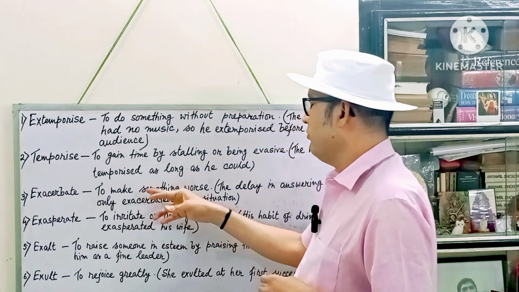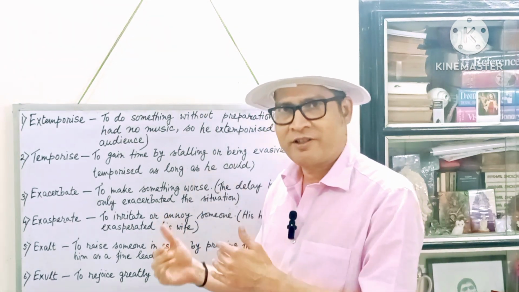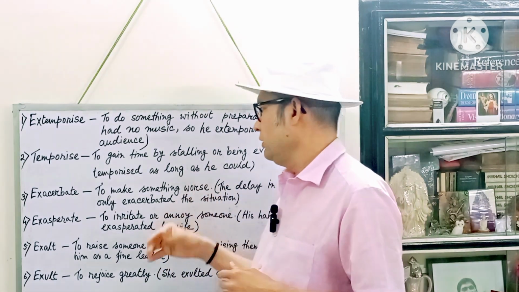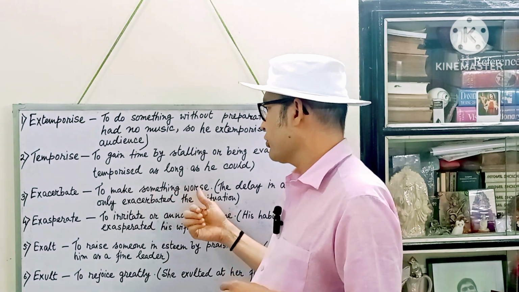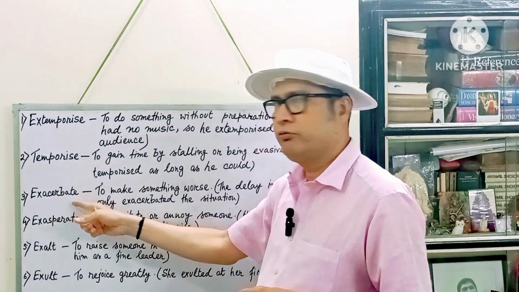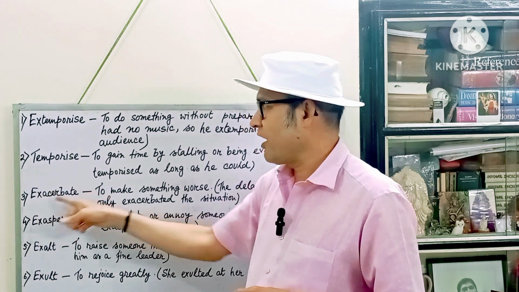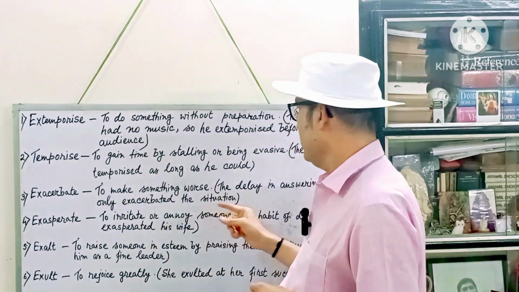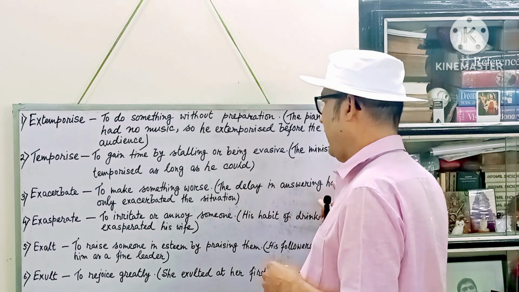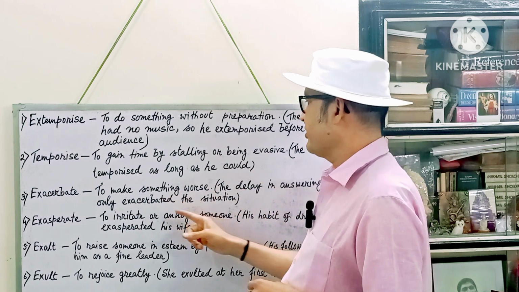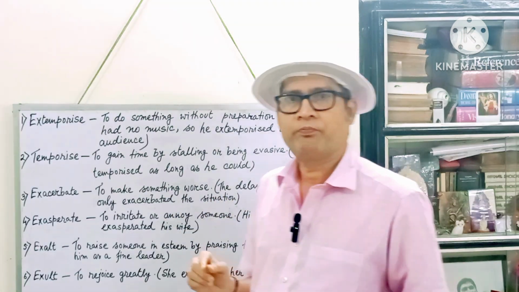Exacerbate means to make something worse. Bad, worse, worst. Okay? You know the 3 forms. So, to make something worse is exacerbate. What is the example sentence? The delay in answering has only exacerbated the situation.